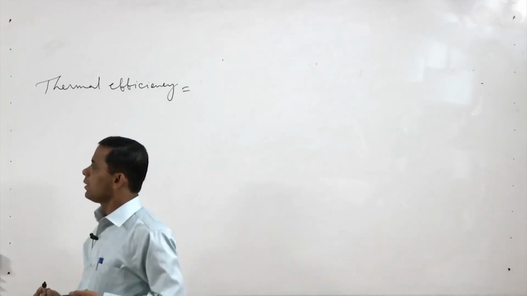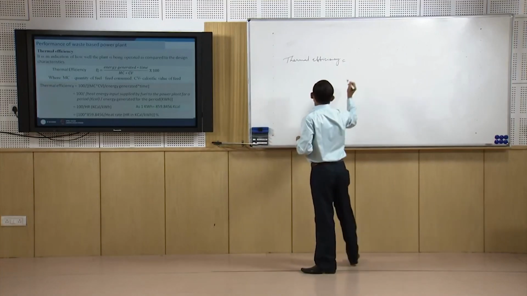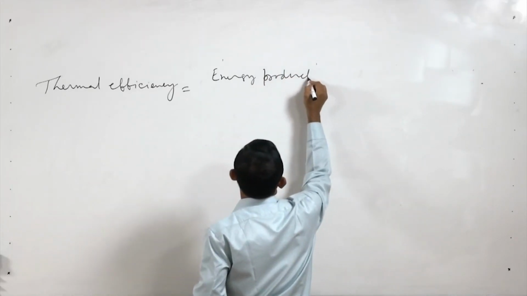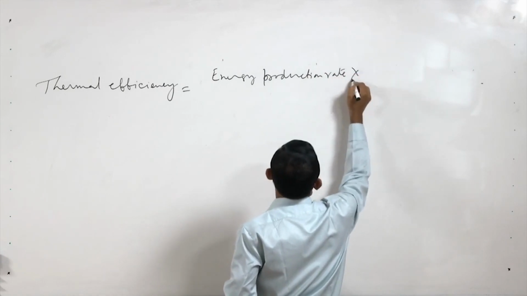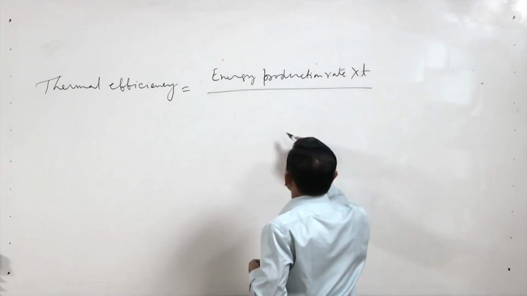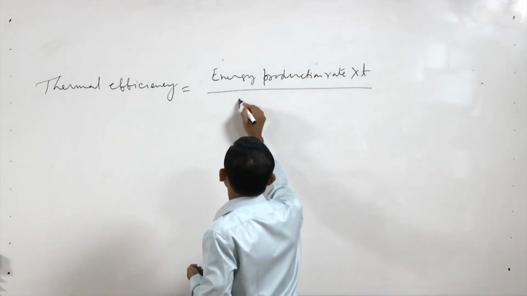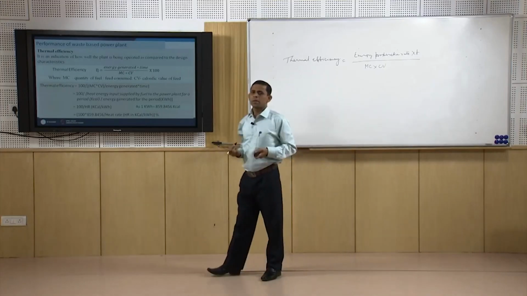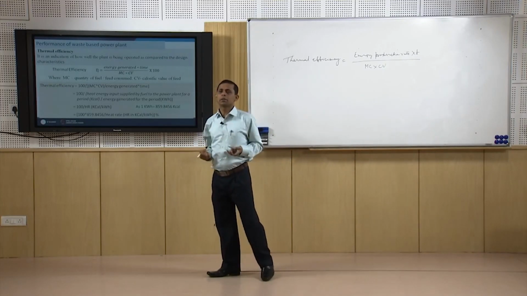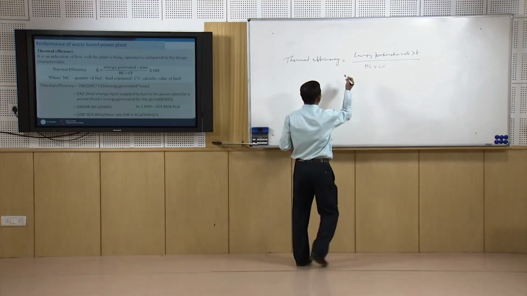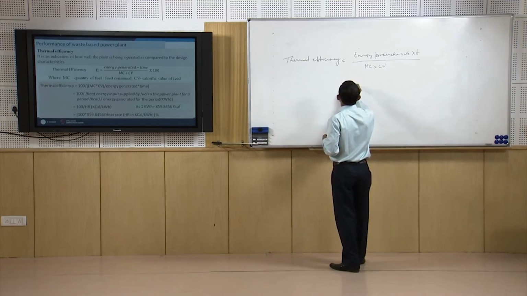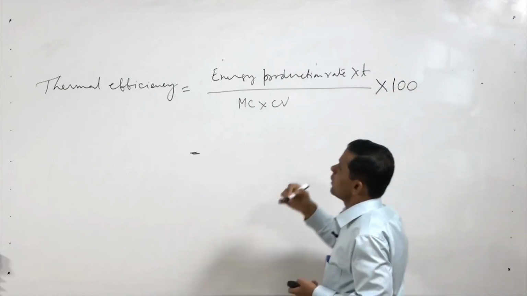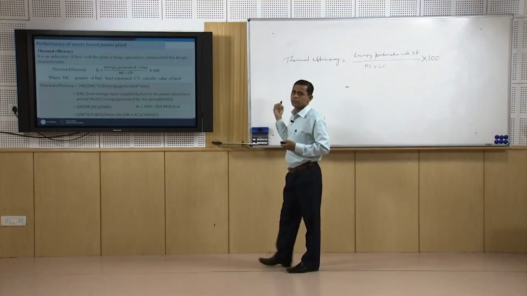So, thermal efficiency is the energy production rate into time, that is energy produced, divided by how much energy is given, MC into CV. That actually gives us some idea of the design value and how much energy we are getting. As we are interested in getting it in terms of percentage, we will multiply this by 100.